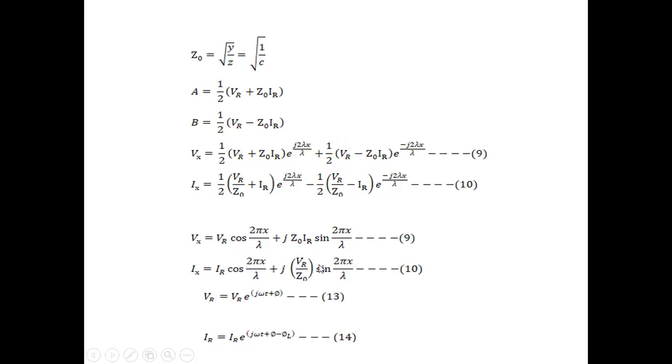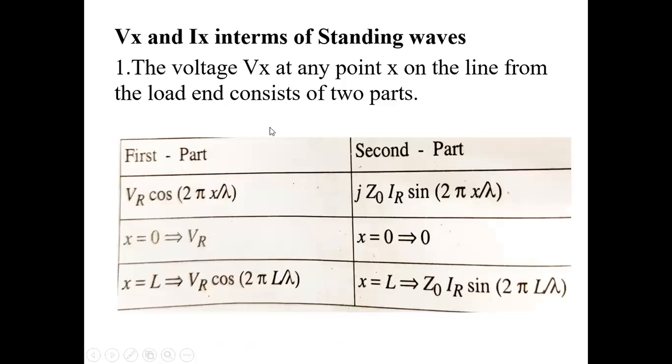In order to draw the waveforms, we can make use of these two expressions, Vx and Ix. If you take the voltage equation, the first part is VR into cos 2 pi x by lambda, and the second part is j into Z0 into IR into sin 2 pi x by lambda.